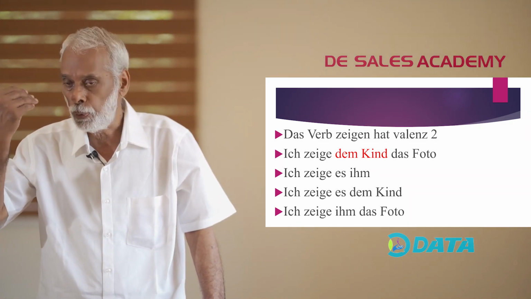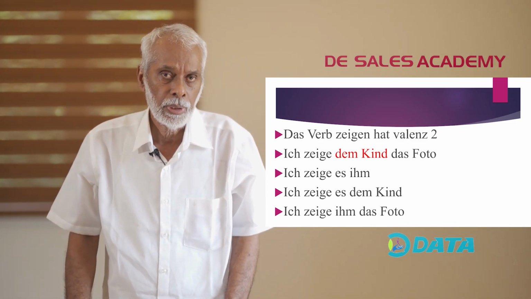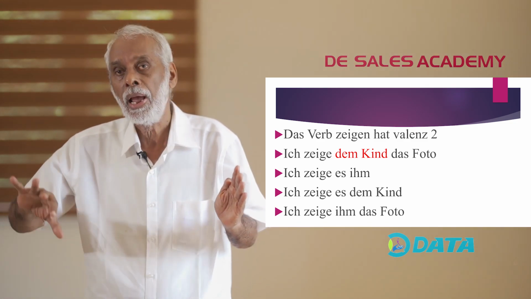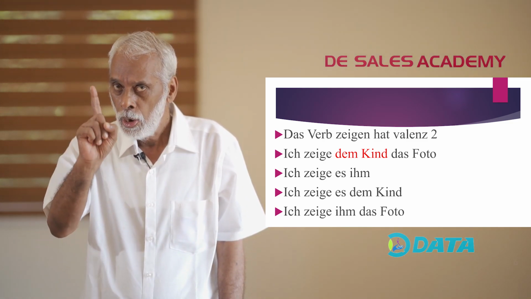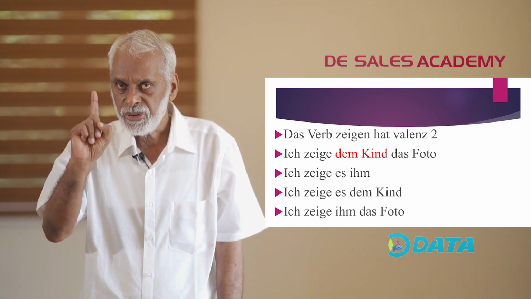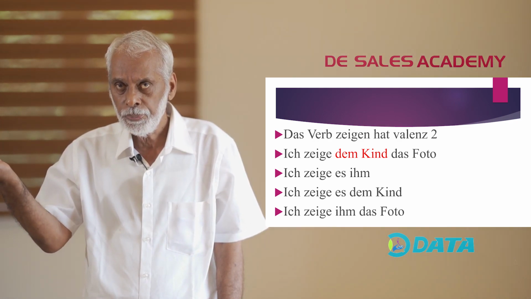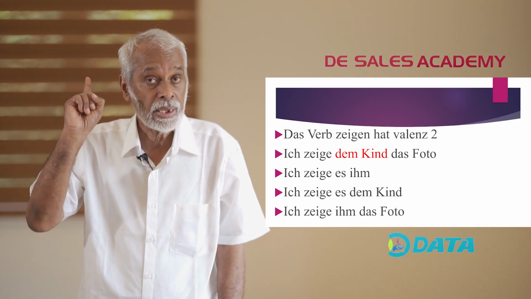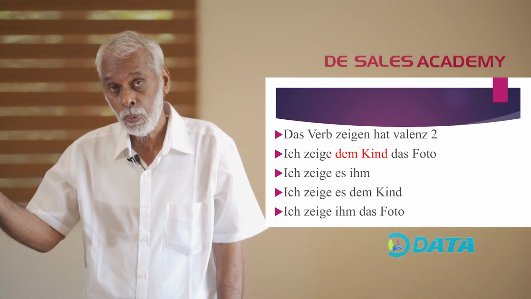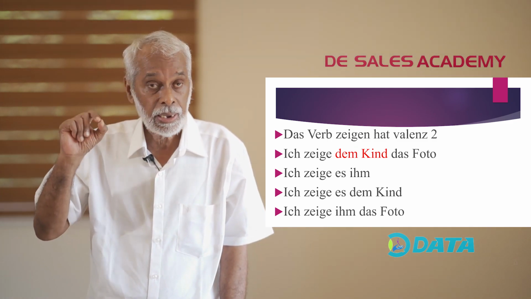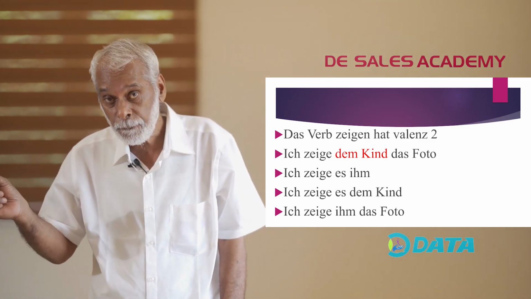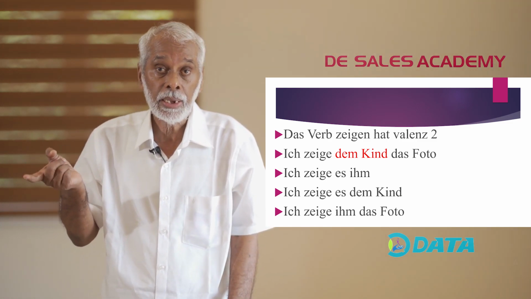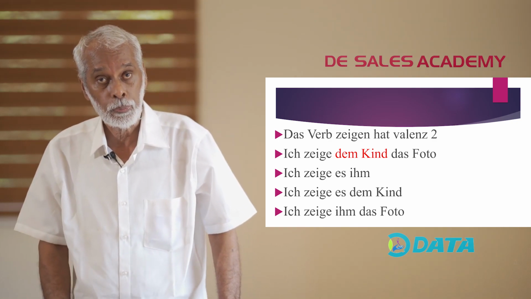Let it be accusative or dative or whatever it may be. The pronoun will come first and then the noun. So, look at: Ich zeige dem Kind das Foto. Ich zeige es ihm. Ich zeige es dem Kind. Ich zeige ihm das Foto.